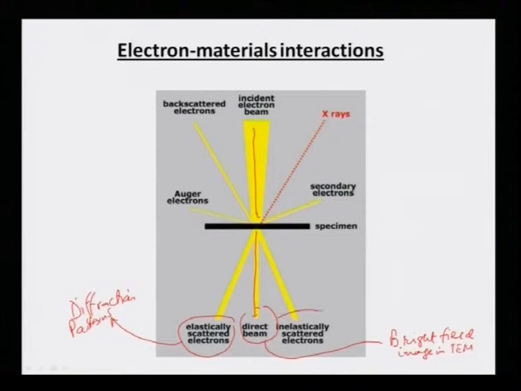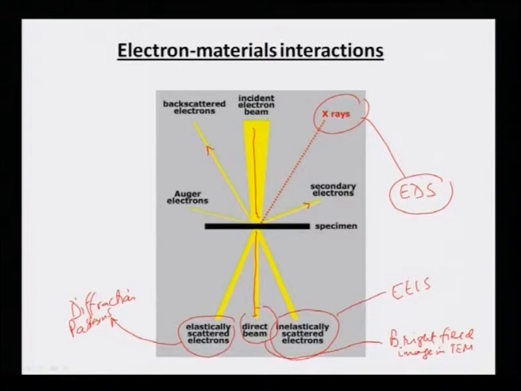Inelastic scattering electrons are normally used in electron energy loss spectroscopy, and the electrons which backscatter, as well as secondary electrons, as I said, can be used in the scanning electron microscope. X-rays can be used both in the TEM as well as in SEM for energy dispersive spectroscopic analysis to get composition analysis in the sample. So, that is in a nutshell what is basically used.